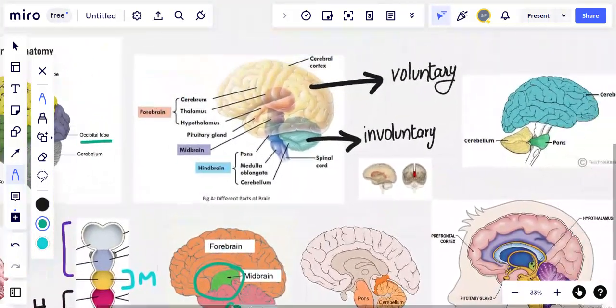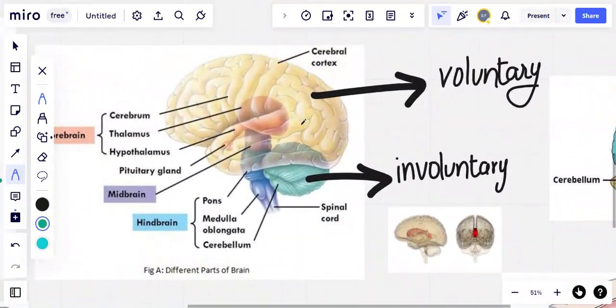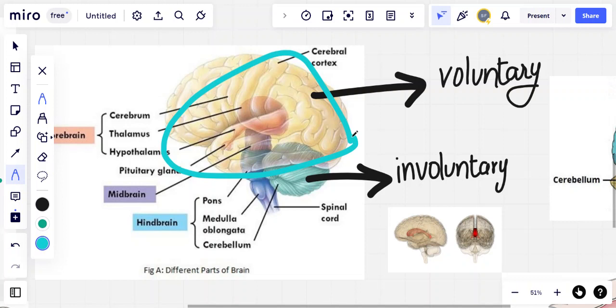Now, just a quick summary. The upper parts, the upper regions here, they are linked with your voluntary actions like memory, your dreams, anything that's coming from your emotions. For example, you want to attack someone, you're really angry, now you want to attack them. That's a voluntary decision. So it's going to be made on the upper part of your brain.